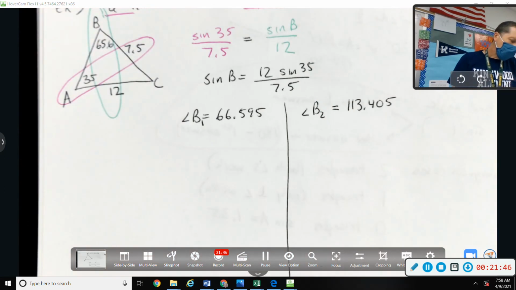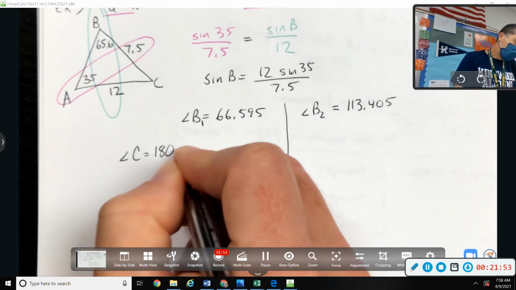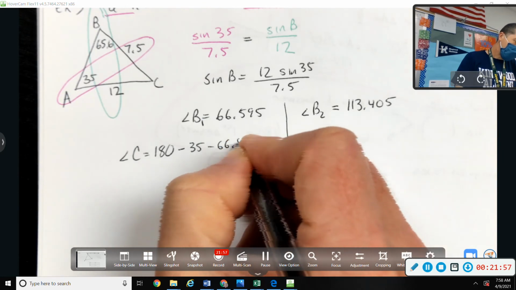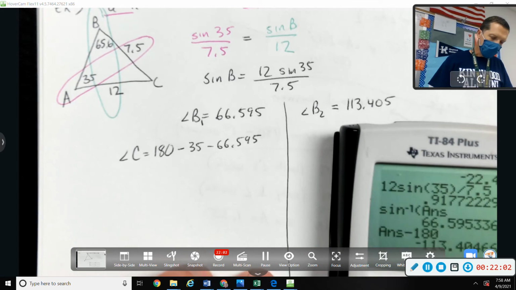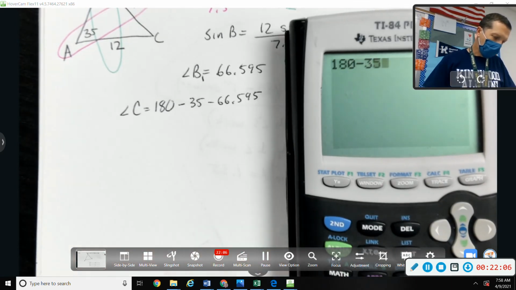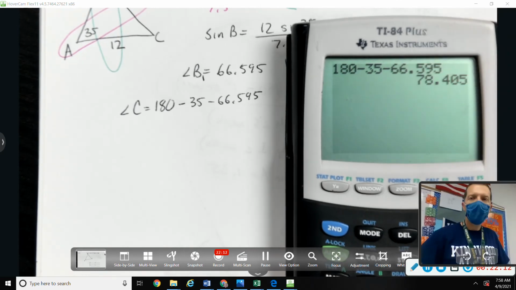So let's see. What could we find next? Oh, angle C would be 180 minus the two that we have. 180 minus 35 minus 66.595. 78.405.